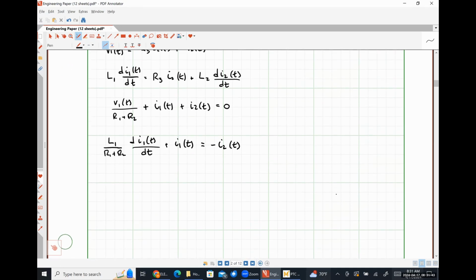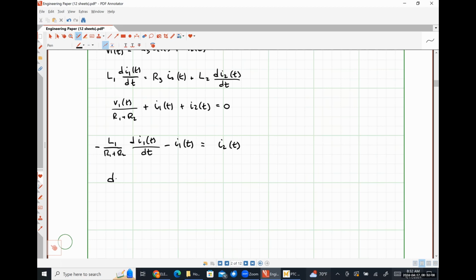Actually, let me do one other thing here really quickly. I'm going to take the negative sign from the I2 and apply it over here. So all I did was multiply both sides by -1. And you'll probably see the reason for that in just a moment.